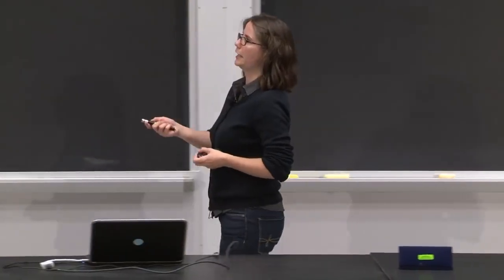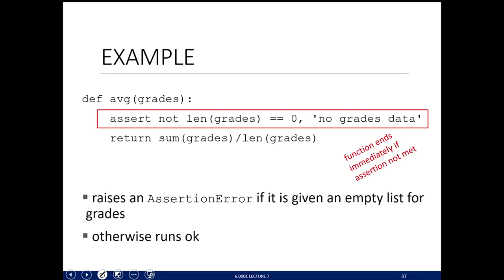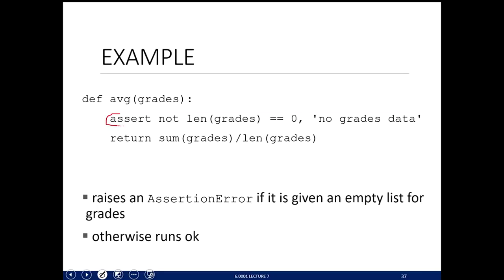Okay. Here's an example. This is the same average function we've seen before. Here, instead of using exceptions, we're going to use an assert statement. And the assert statement we're putting right at the front, at the beginning of the function, sorry. And the keyword is assert. The next part of the assert is what the function expects. So we expect that the length of grades is not equal to 0, so it has to be greater than 0.